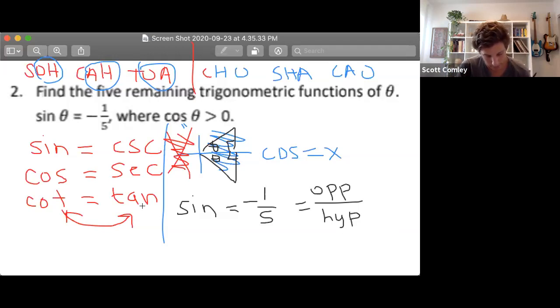So we have to look at the triangle. Is it the upper one or the lower one? This is where you have to make the choice. In the upper one, we've got a positive side and a positive side, like if you're on an axis going right and up, those are positive and positive.